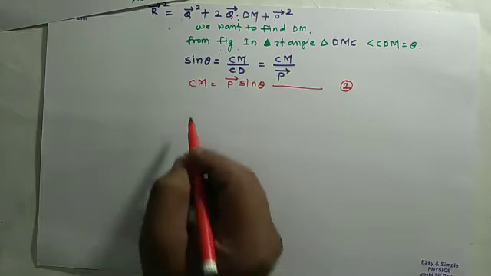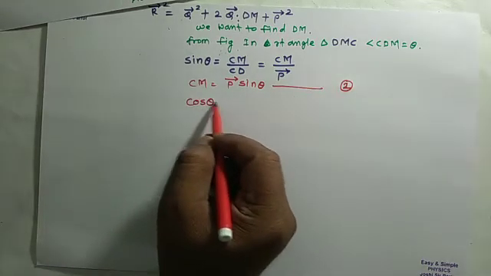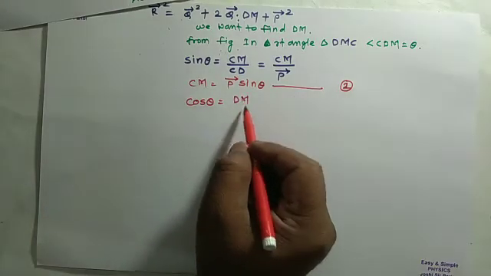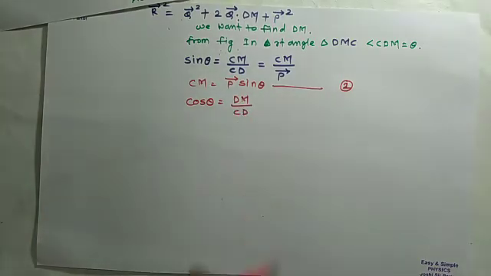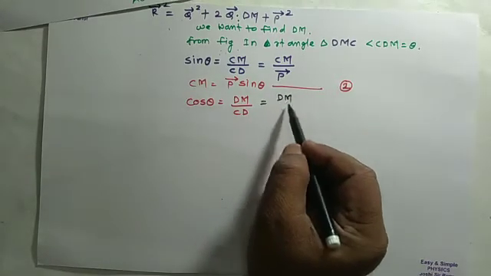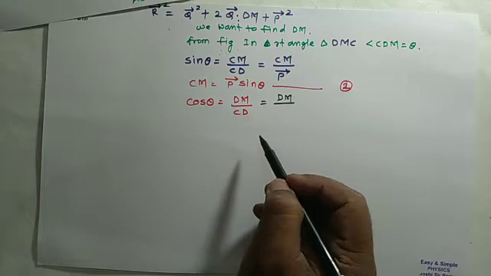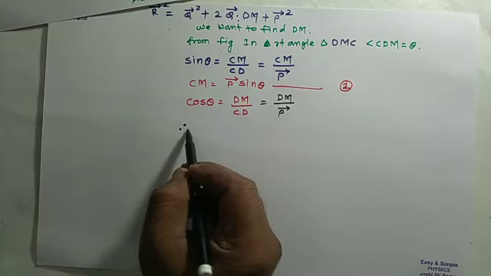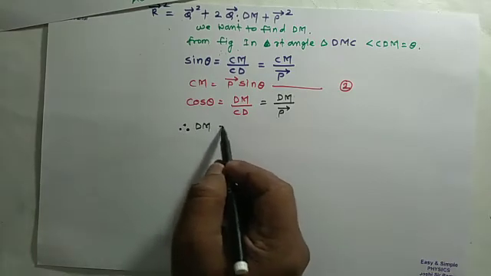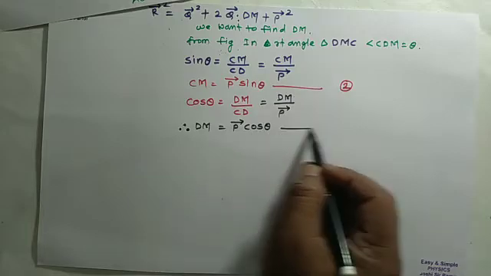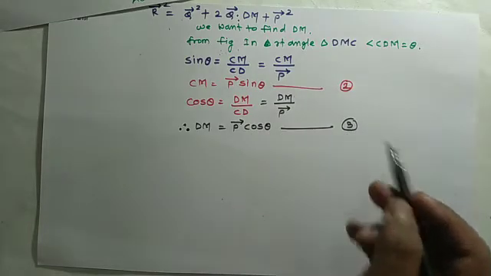And cos theta is equal to DM upon CD, which can be written as DM upon vector P. Therefore, DM is equal to vector P cos theta, equation number 3.